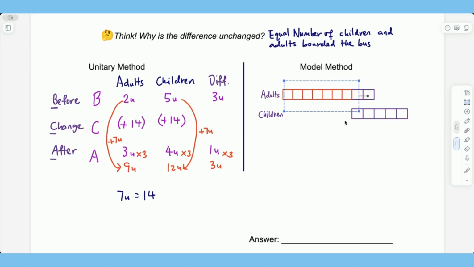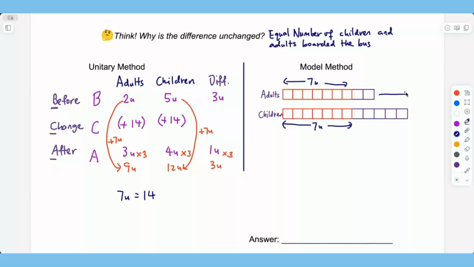We have 7 units of adults and 7 units of children. We added 7 units of adults and 7 units of children. And the difference still remains unchanged, which is 3 units.